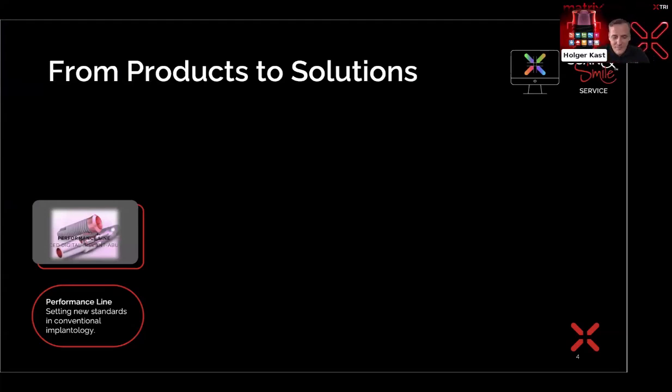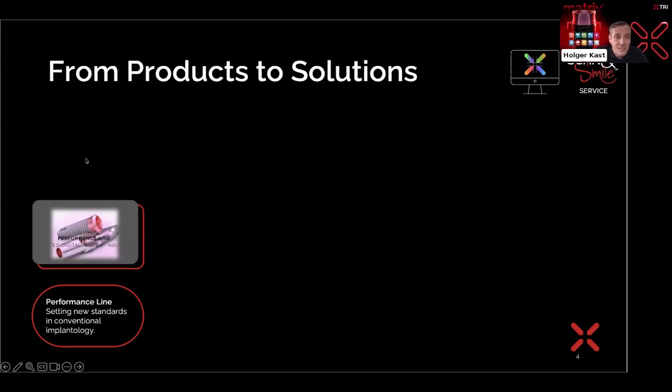But before, I would like to give you a little bit of background on the history of TRI. We started to develop implants almost 15 years ago, and we started the journey with the Performance line. The Performance line is an abutment-based implant system, a classical implant system, as every company has it, with a tissue level implant and a bone level implant.